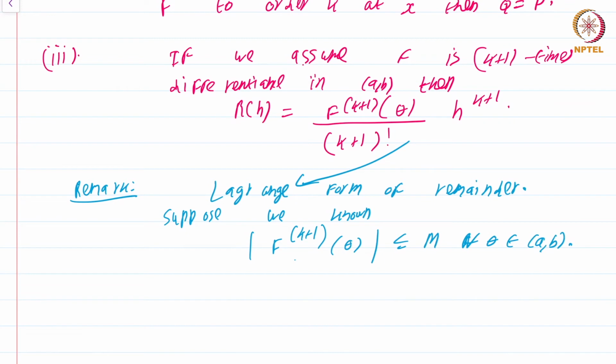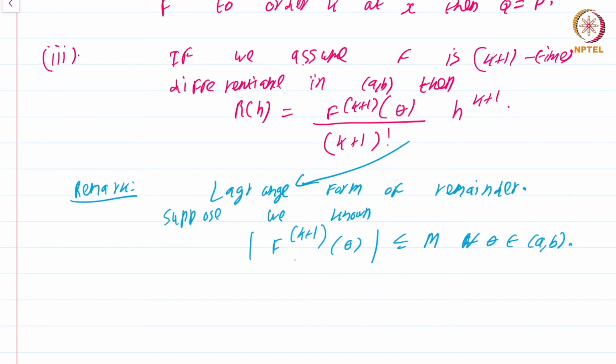For instance, we know this for sine and cosine. We know that the derivative of sine is cosine and the derivative of cosine is minus sine, and these just get repeated. The higher order derivatives just get repeated. So if you are considering the sine function, no matter what derivative you take, it's always going to be modulus less than or equal to 1. Right?